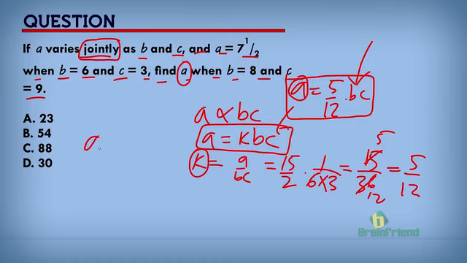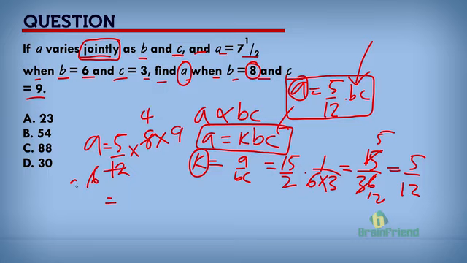So A is 5 over 12 multiplied by B times C. B is given to us as 8, and C is given to us as 9. So 2 here, 6; 2 here, 4; 3 here, 2; 3 here, 3.